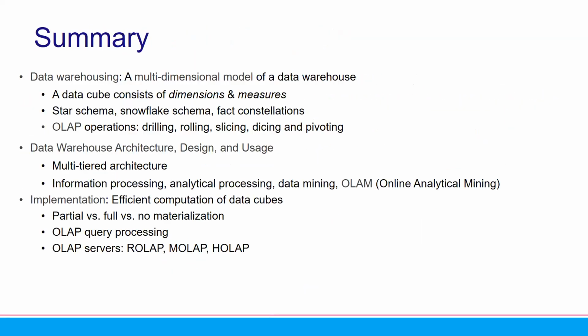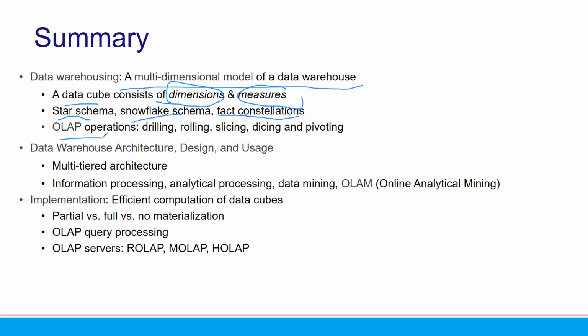So it is all related to data warehousing. In this data warehousing, we learn about the multi-dimensional view or model of the data warehouse. The data cube consists of dimensions and measures. We learn about three schemas: star schema, snowflake schema, and fact constellation.